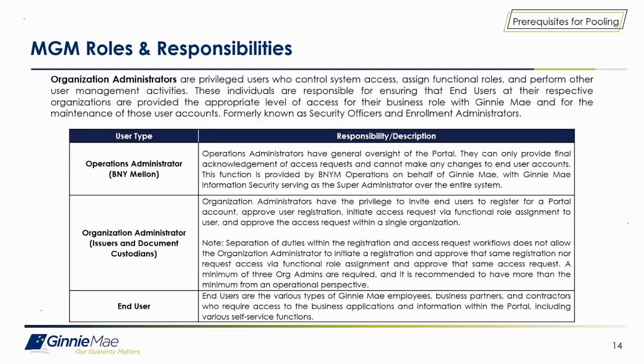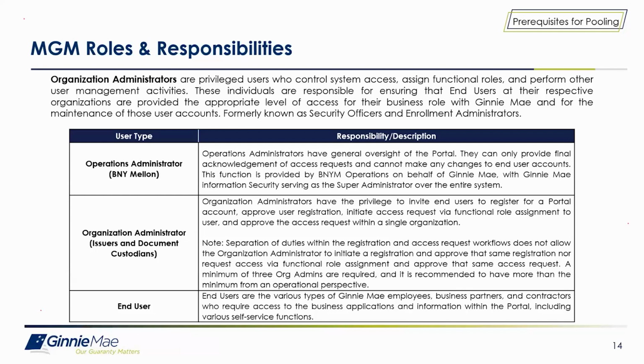Note, very important for the users, separation of duties within the registration and access request workflow does not allow the organization admin to initiate a registration and approve that same registration, nor request access via functional role management and approve the same access request. A minimum of 3.